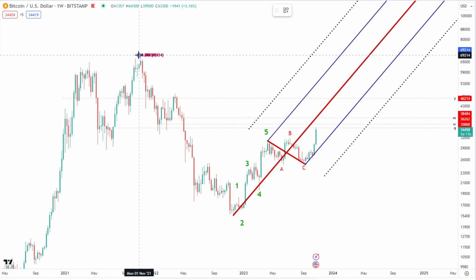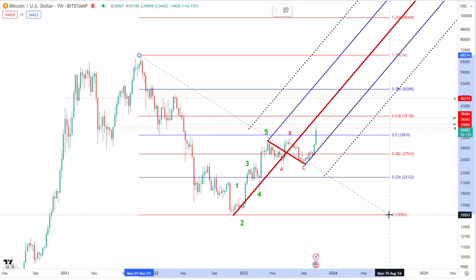I want to pull on this big fib retracement. It's always worth knowing where our 0.618 fib retracement is. Pretty much in line with this monthly level around 39k. So let's be mindful of 39k. It's also where our median line is likely to hit price action. So at 39k, we could get a bit of a confluence: our median line, the horizontal level of the 0.618 fib retracement, and also this key monthly level.